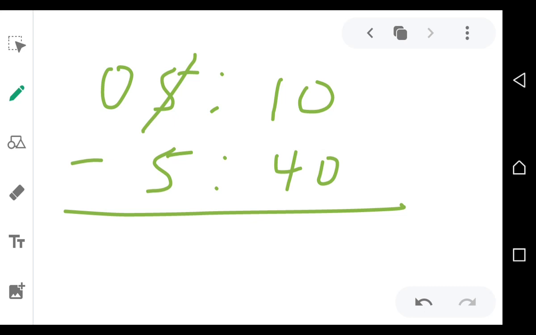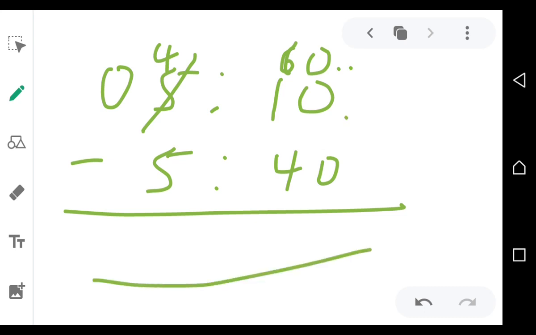Once we borrow 1 hour here, it's going to be 4. 1 hour is 60 minutes, so 60 plus 10 is going to be 70.